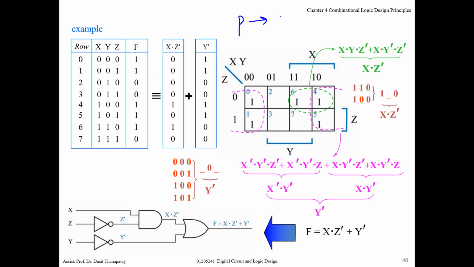P implies Q, something like this. If P2, then Q2. Okay? It's like if-then. Imply. In this case, for example, if this product term becomes true, then function f will be true also.